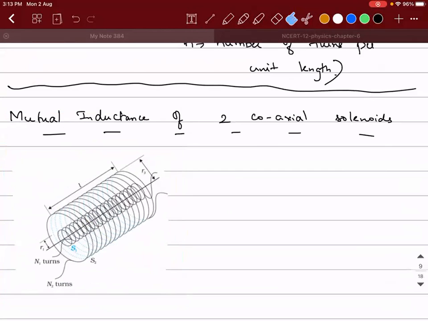So let us say we have two coaxial solenoids like this, where capital N1 stands for the number of turns of the coil that is inside, and N2 stands for the number of turns of the coil that is outside, and L stands for the length of it.